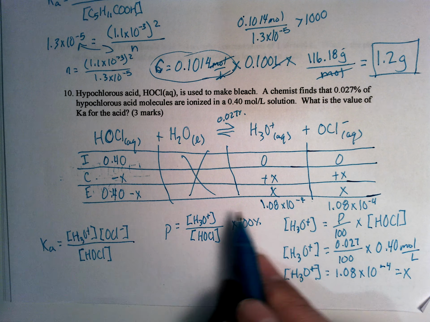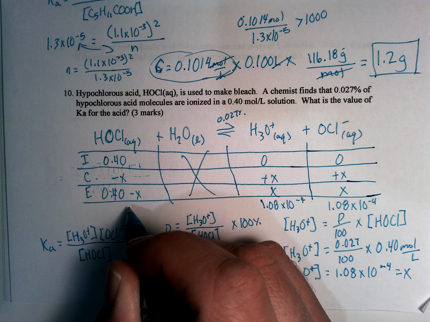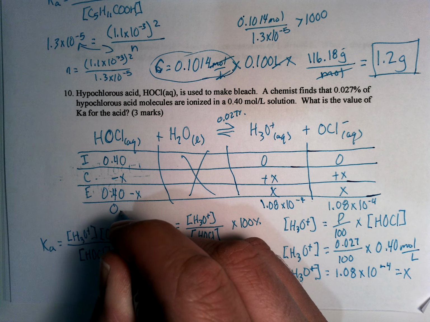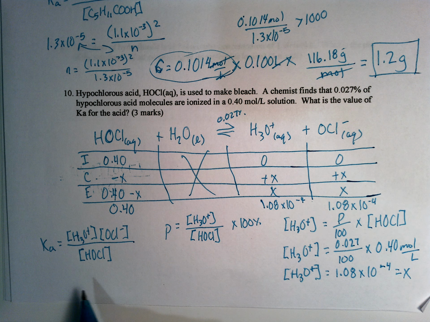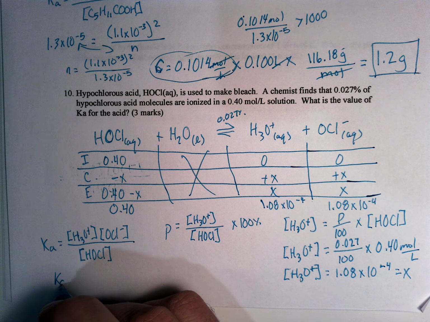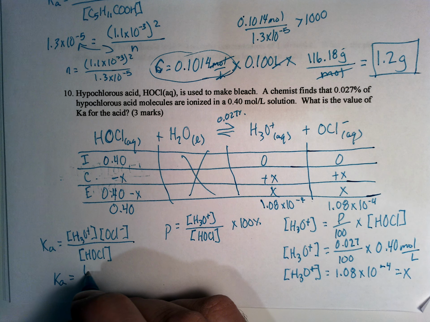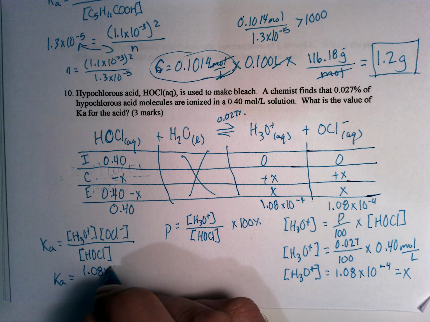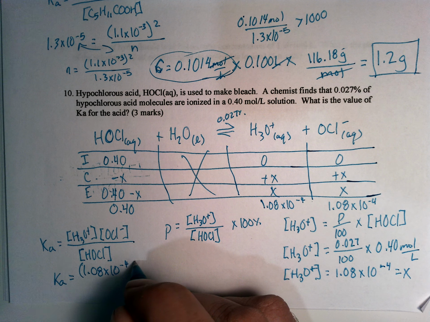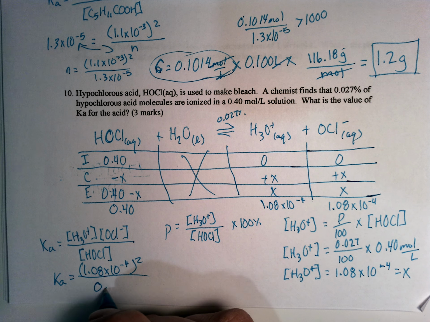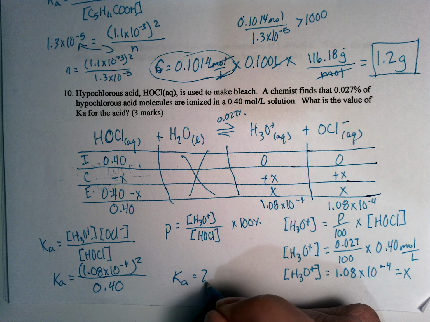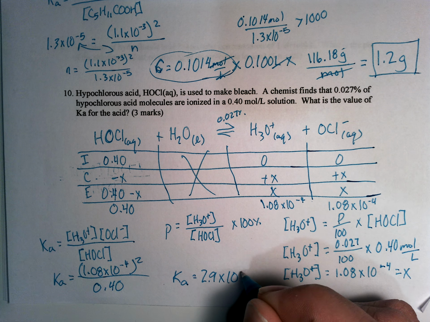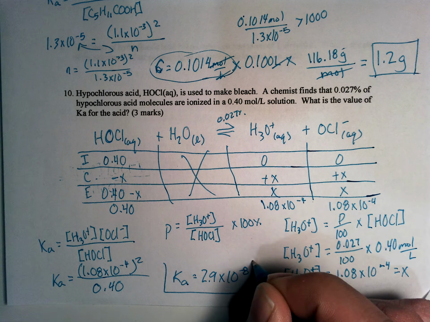That value ends up being so small that, again, it's not significant, so this ends up being 0.40, the same as it was. Now we put our numbers into our Ka formula: 1.08 times 10 to the minus 4 squared divided by 0.40. And our Ka is equal to 2.9 times 10 to the negative 8. And that is our answer.